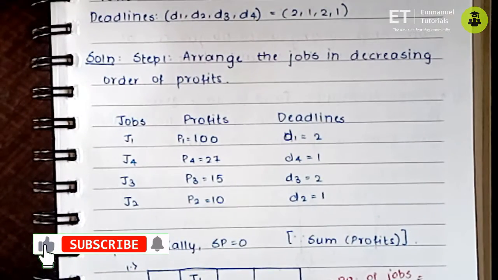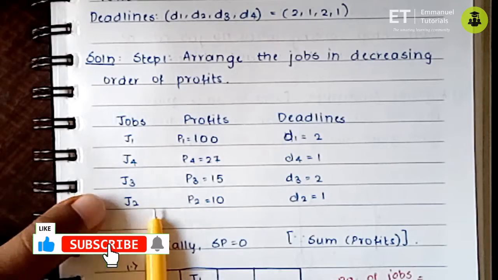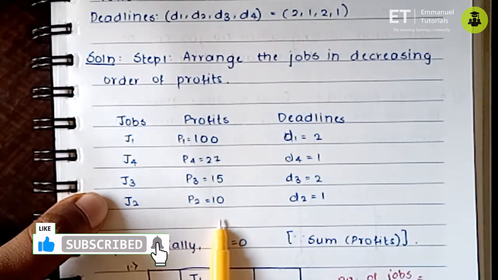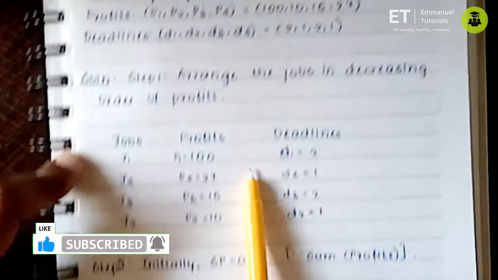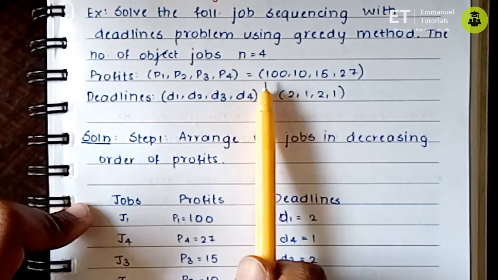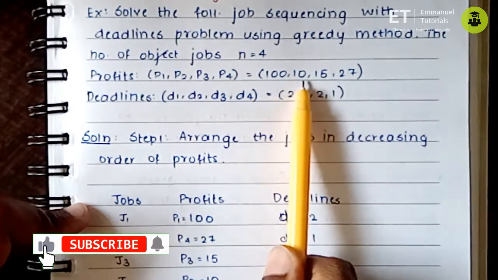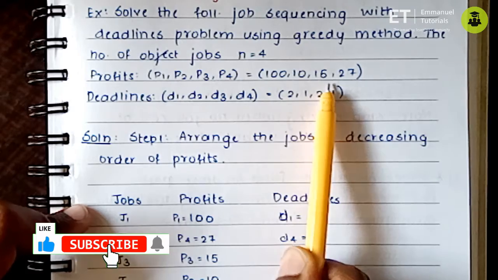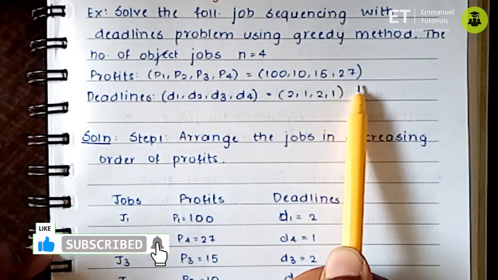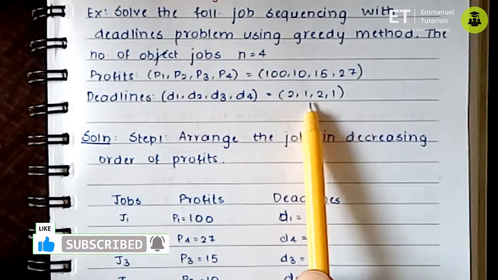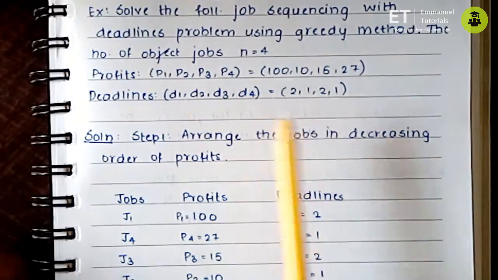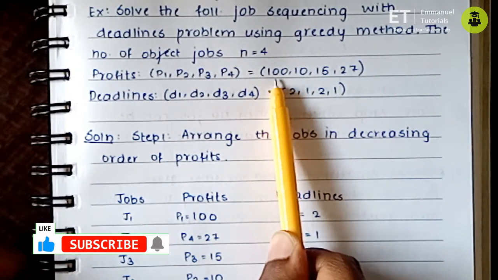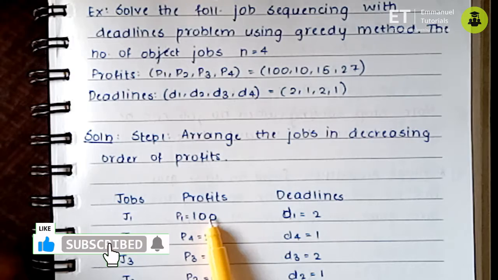So what I have done is I have listed the jobs here based on the descending order of the profits. So for job J1 the profit is 100, for J2 it's 10, for J3 it's 15, and for J4 it's 27, and their deadlines are 2, 1, 2 and 1. So the highest profit is for job J1, so we have listed it first.